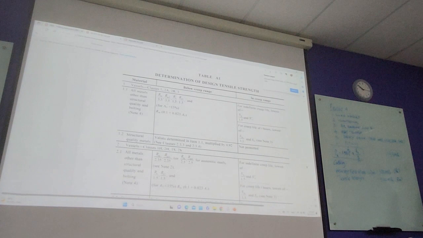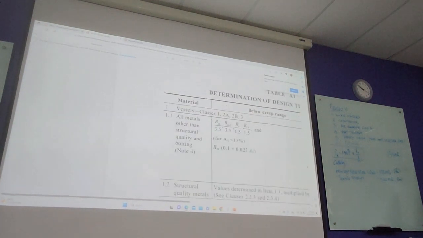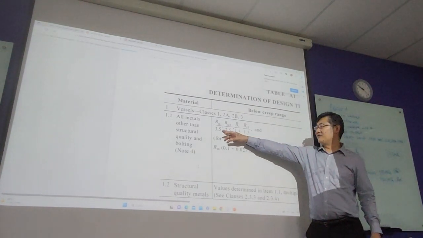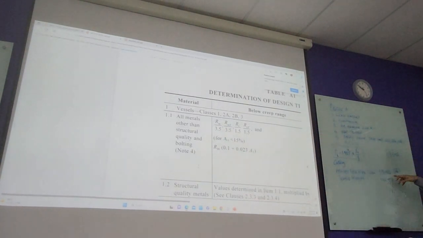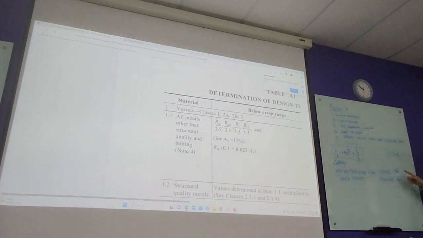I know some of you are very sleepy. Okay, Rm divided by 3.5, and Re divided by 1.5. So which one will be the lowest value we use as design pressure? The lowest of the two.